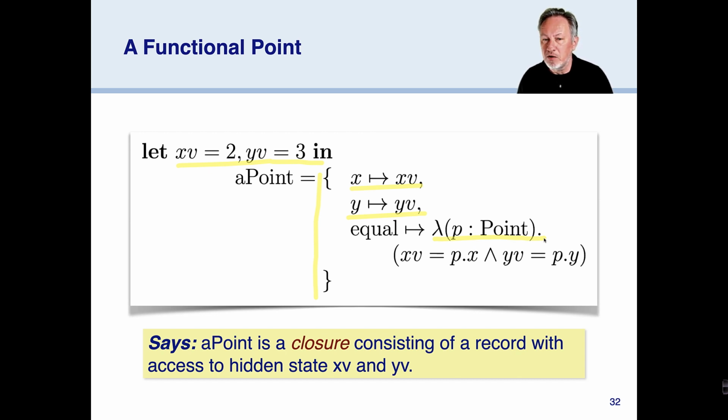So essentially, what is this? This is a closure, right? This is pretty much what we had in JavaScript. In JavaScript, we could construct a similar point object where the x and y values are part of the closure, they're not part of the record that's returned. It's exactly the view of objects that we have in JavaScript.